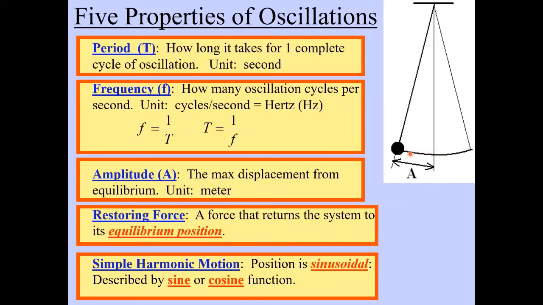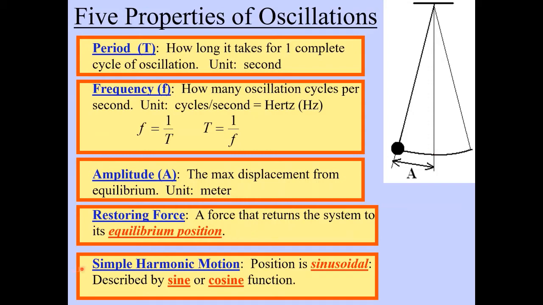Just to review again, for this pendulum here, gravity makes this pendulum bob want to return and swing back down to the bottom. But then, of course, it swings past because of its momentum, carries it back up over here, and now gravity is going to pull it back to the left. So gravity is always trying to return the pendulum back to the center position, which is its equilibrium position.